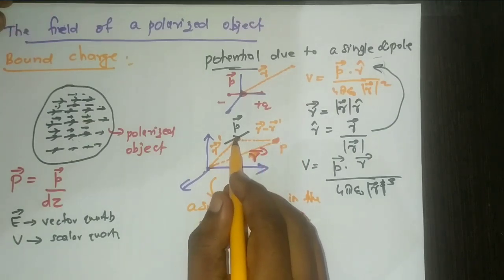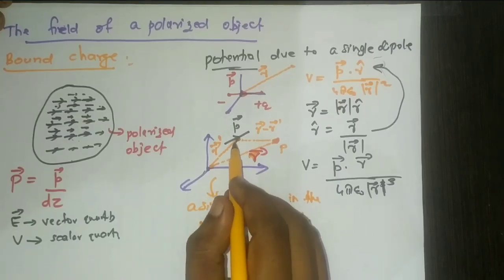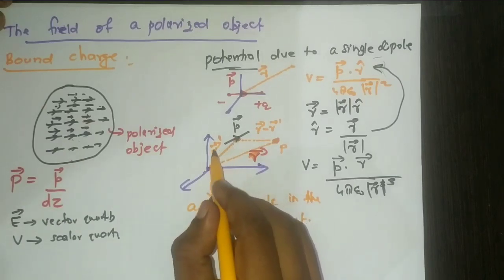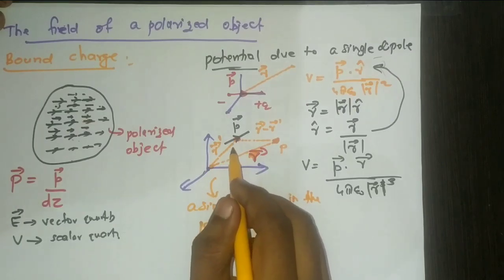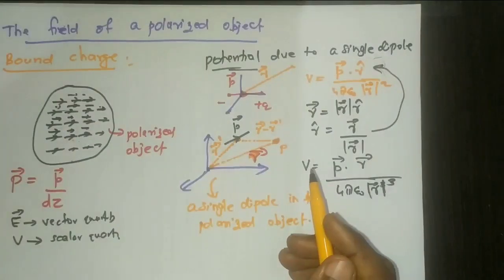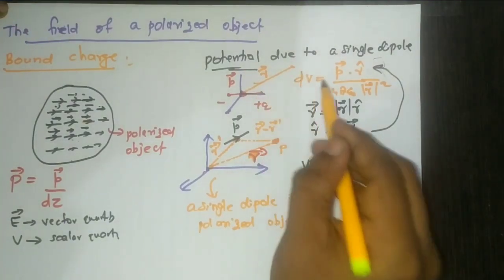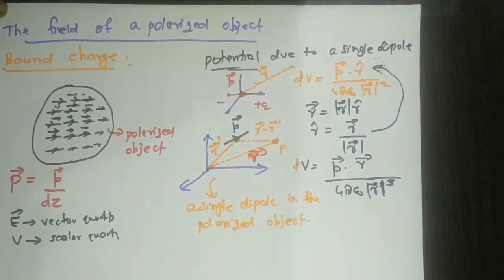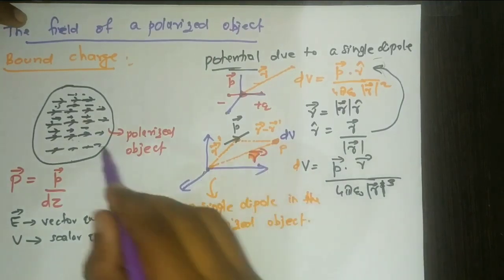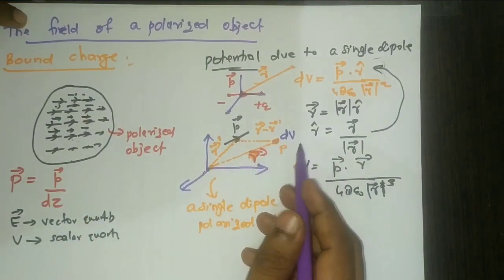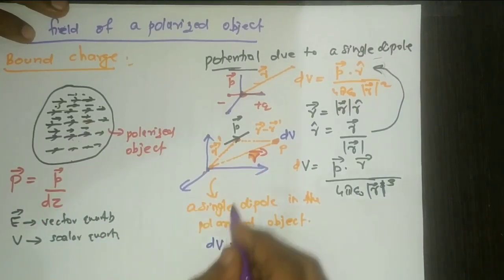Wherever the charge is present, the polarization takes place at that place only. That is why a primed coordinate is given for this dipole moment p. If we label the potential due to a single dipole as dV, then the potential due to this dipole of this polarized object can also be represented by dV. That is, this dV I can write in this way.